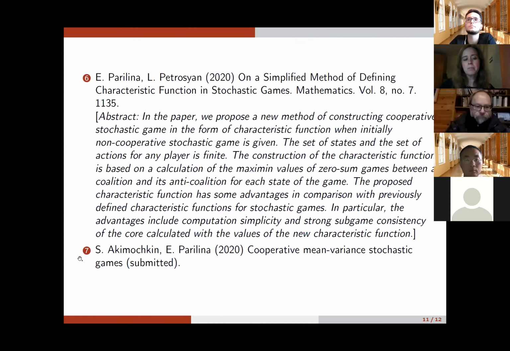The last paper is written and submitted. It is devoted to cooperative solutions in stochastic games when players are risk sensitive. They are oriented not only on expectation, but they also combine mean and variance preferences, and the variance they take into account with some parameters which characterize the risk sensitivity of the players.